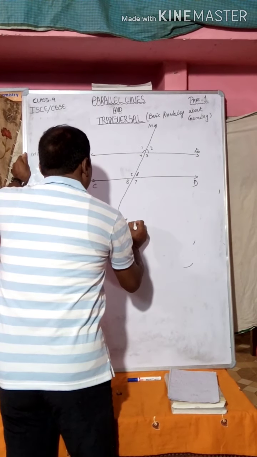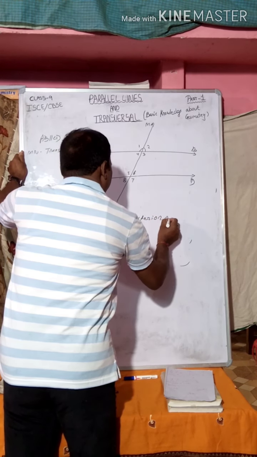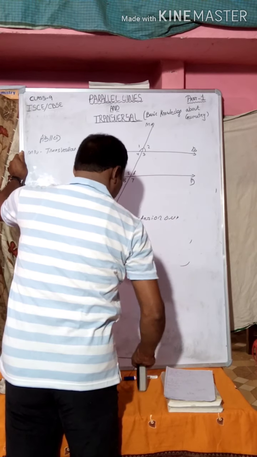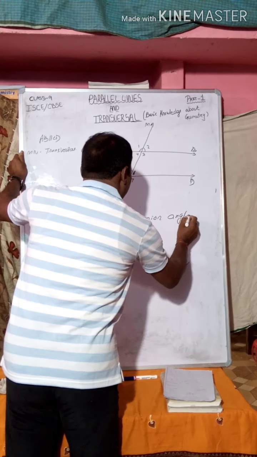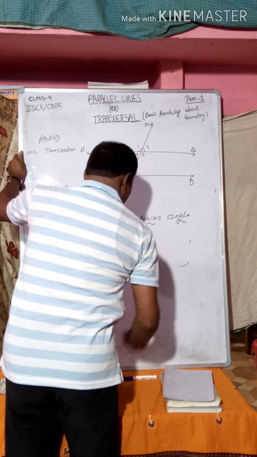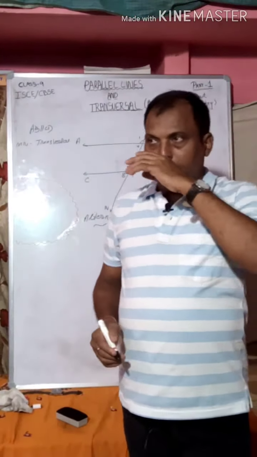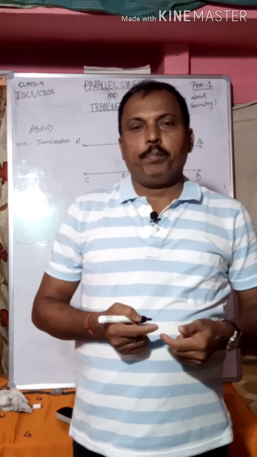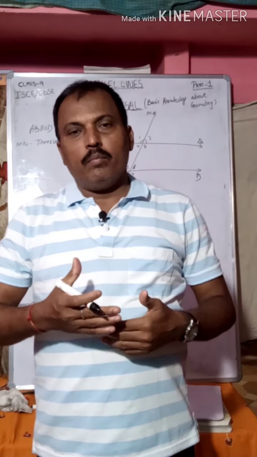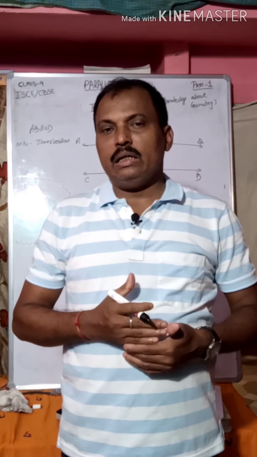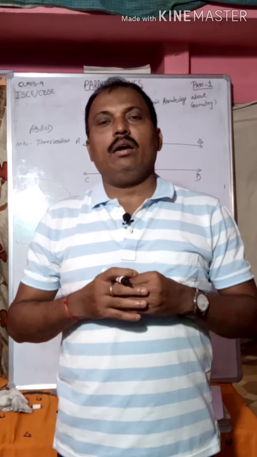Alternate exterior angle. This definition indicates the angles are on the exterior part of the parallel lines, and their relation is called alternate exterior angles.